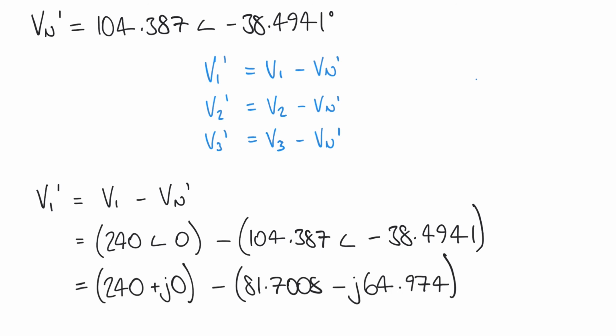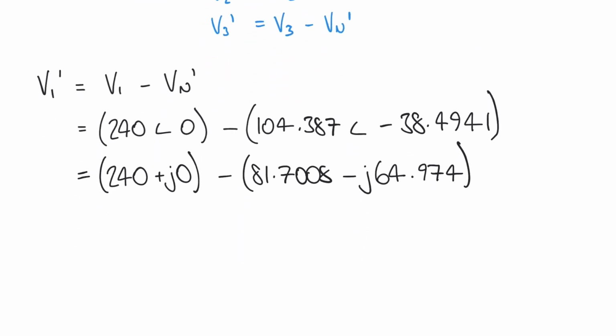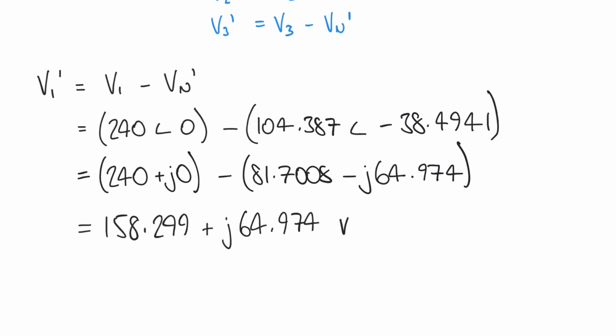So here are the same values converted to rectangular form, and we can subtract, just subtracting the real components and subtracting the imaginary components. Watch out for double negatives here because we're minusing a minus j term, minus j 64.974, which will become a plus because of that double negative. And in polar form, we'll see something like that if we wanted to convert it back.